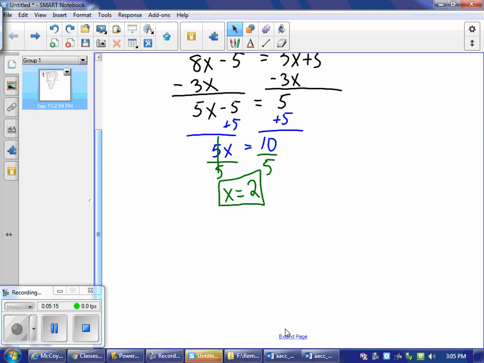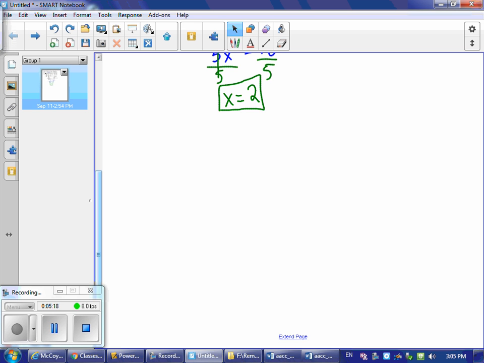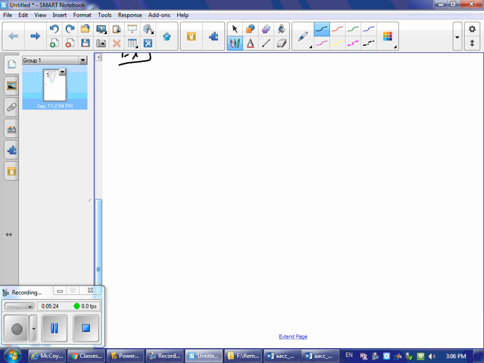Okay, example number 2. Let's get a little more space. There we go. Now we're going to have 8 times the quantity 2 minus t, equals negative 5t.